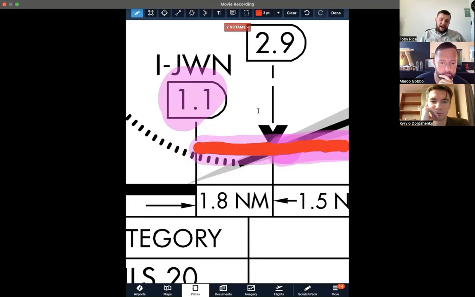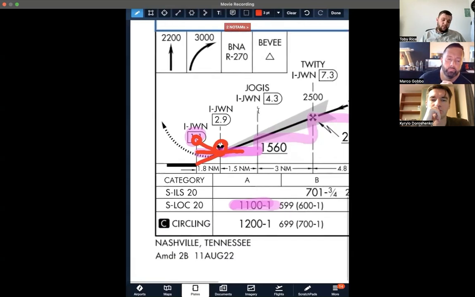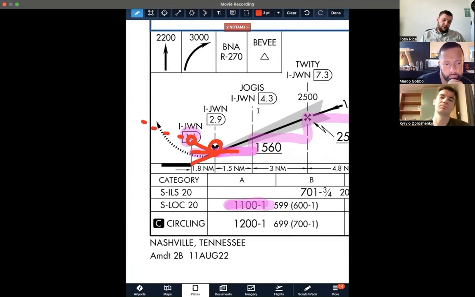But if I can't see the airport by right here and make a stable descent like I should, it would be a better idea to simply stay level at the MDA or start climbing to your missed approach altitude and then execute the missed approach procedure once you hit 1.1. Does that make sense?